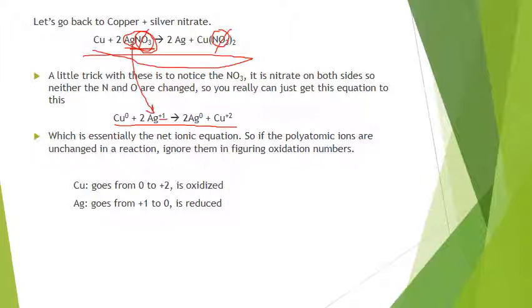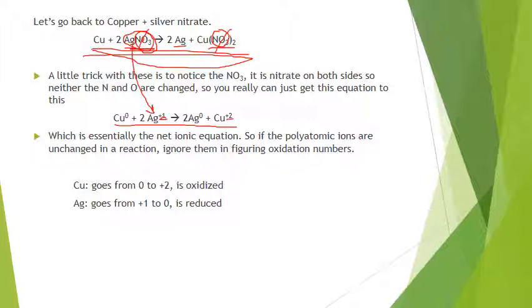On the product side, silver is all by itself, so it has 0. And copper is 2 plus. It's not 0 because it's attached to something. In this case, we have this +2.